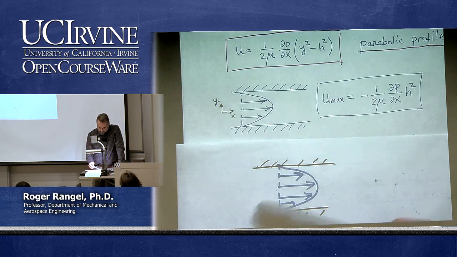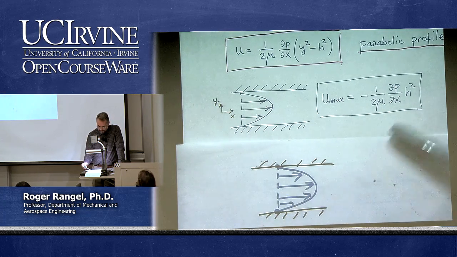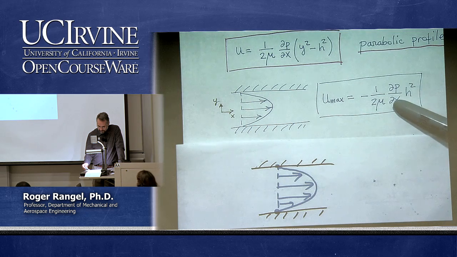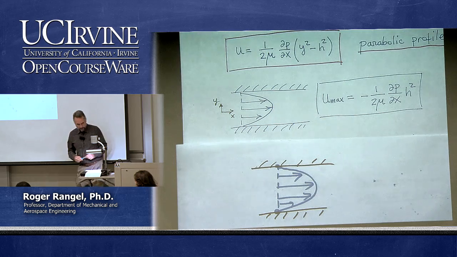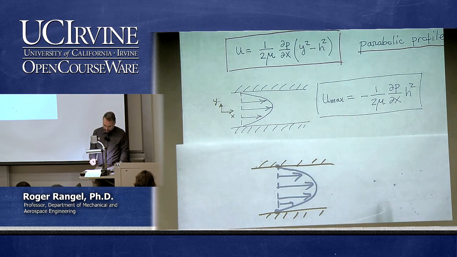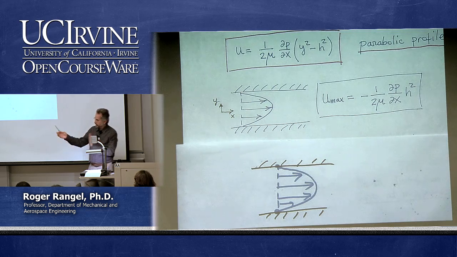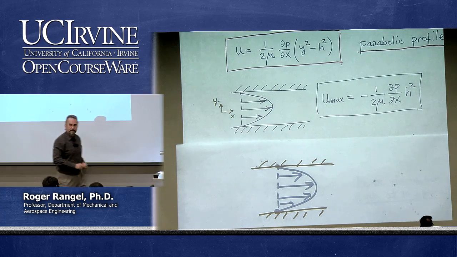If the pressure is increasing from left to right, then dp dx is positive, this stays negative, and the flow would be to the left. So that's the reason for that sign. It just drives the fluid in the direction opposite to the increase in pressure.